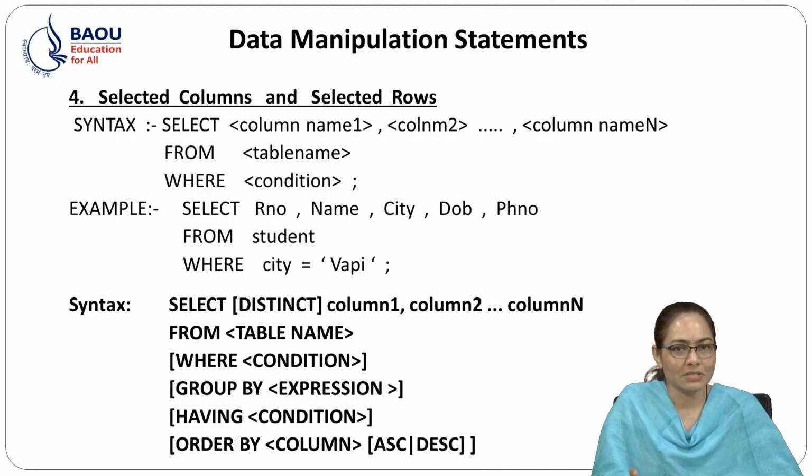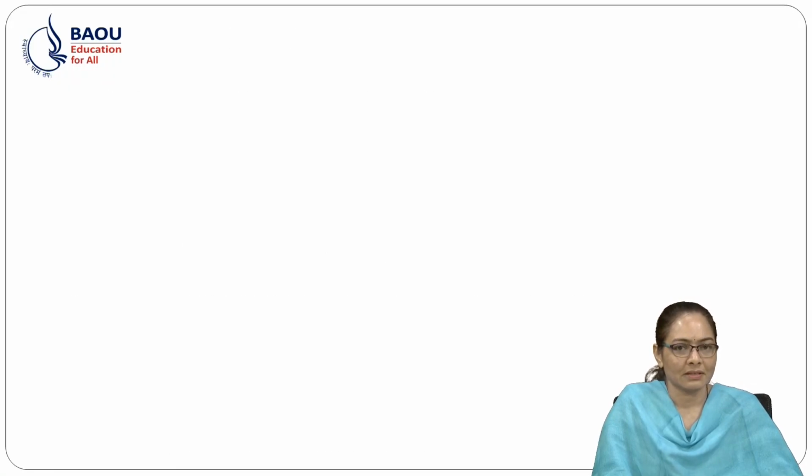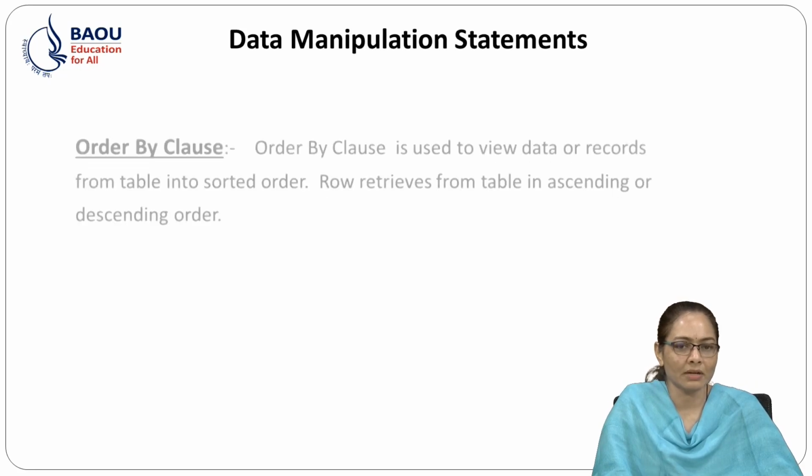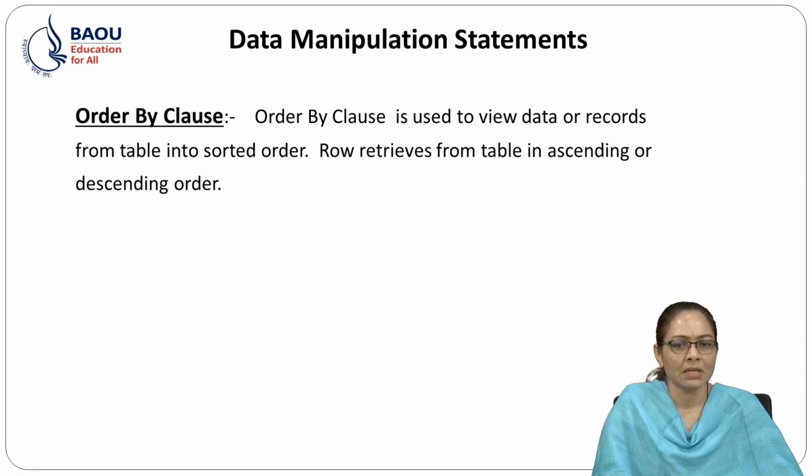Now, the where clause we have already discussed. Now we see all the remaining clauses in detail. First of all, we see the order by clause. The order by clause is used to view the data or records from the tables in sorted order. The rows are retrieved from the table in ascending or descending order.